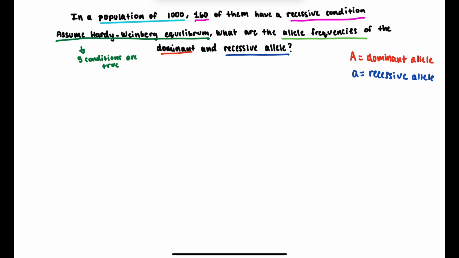We know that 160 people have a recessive condition, and in order to have a recessive condition, you need to have a little a. This means that 160 people are homozygous recessive.